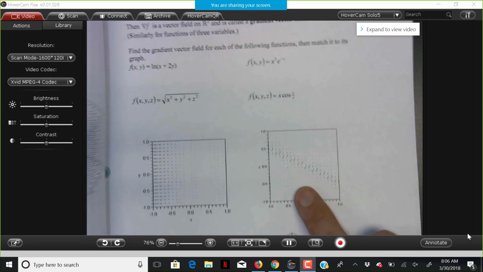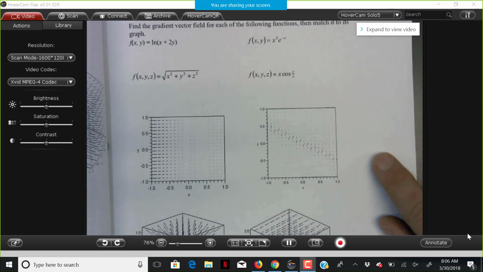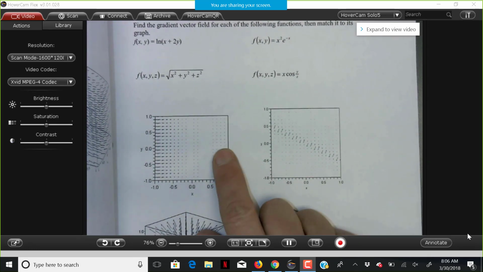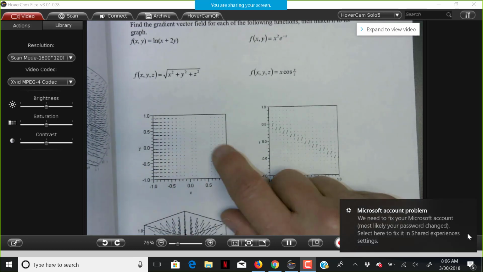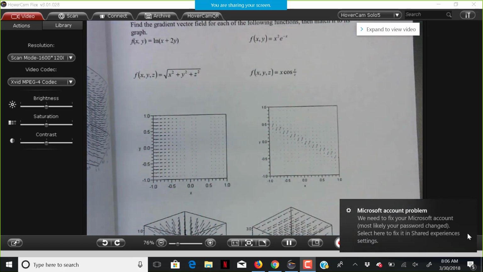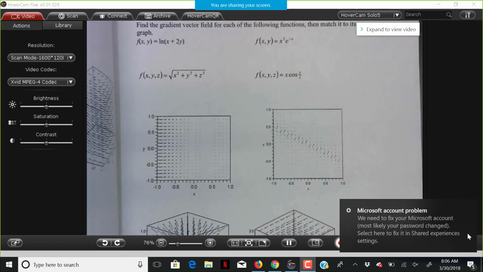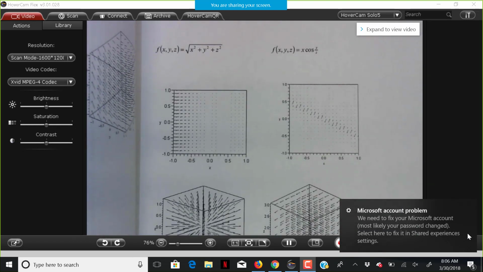On the second page of this, you can see that some of them almost look like dots. That means very, very small magnitude. And then the ones that are longer, and some of the other ones look like they're all about the same length.